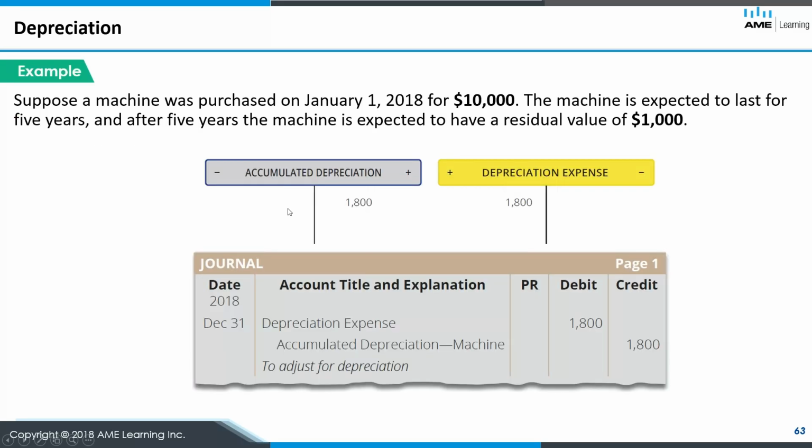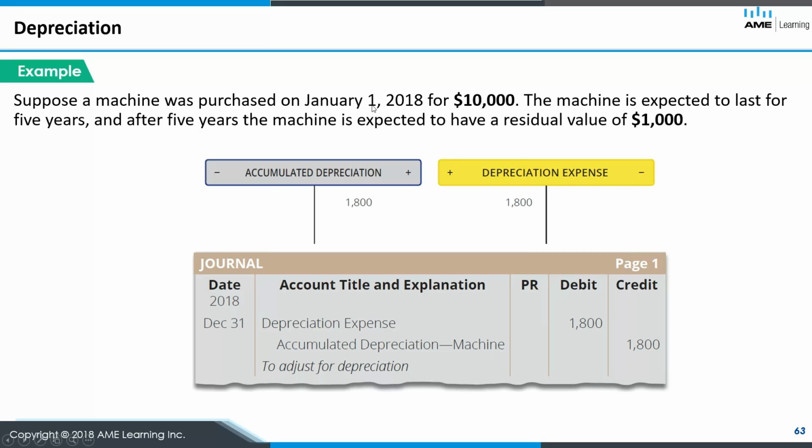Okay, so let's look at an example here. In this example problem, we bought a machine on January 1st, 2018 for $10,000. We estimate it to last 5 years, and we estimate it to have a residual value. We think after 5 years we'd be able to sell this for $1,000.